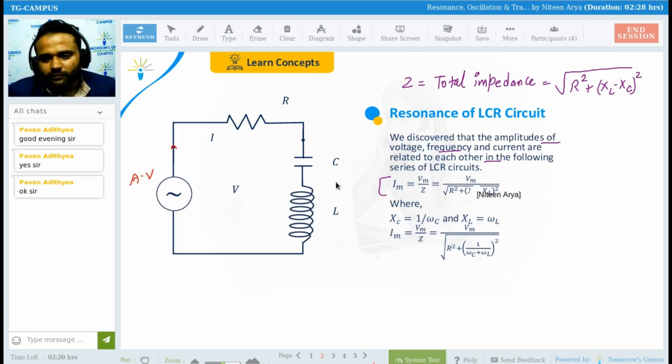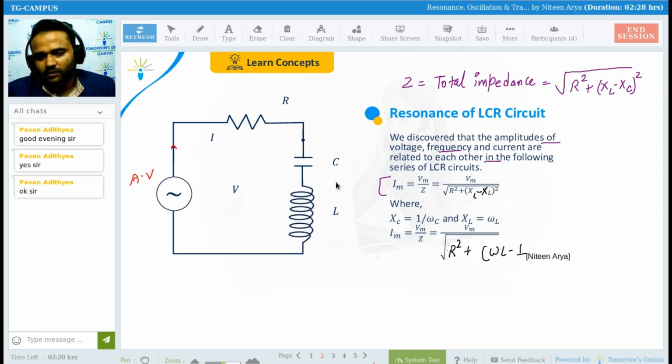XL minus XC, in the same fashion, is omega L minus 1 upon omega C. So that is the square root of R squared plus (omega L minus 1 upon omega C) whole squared, and everything lies under the root in the denominator.